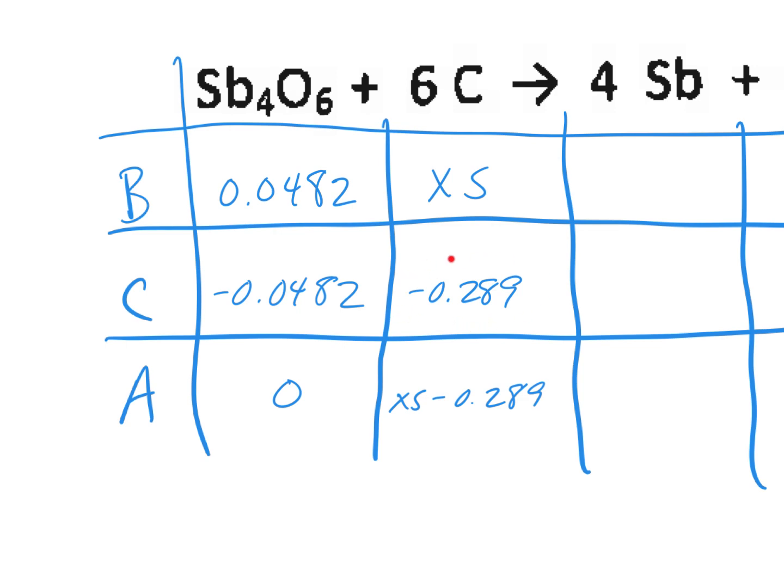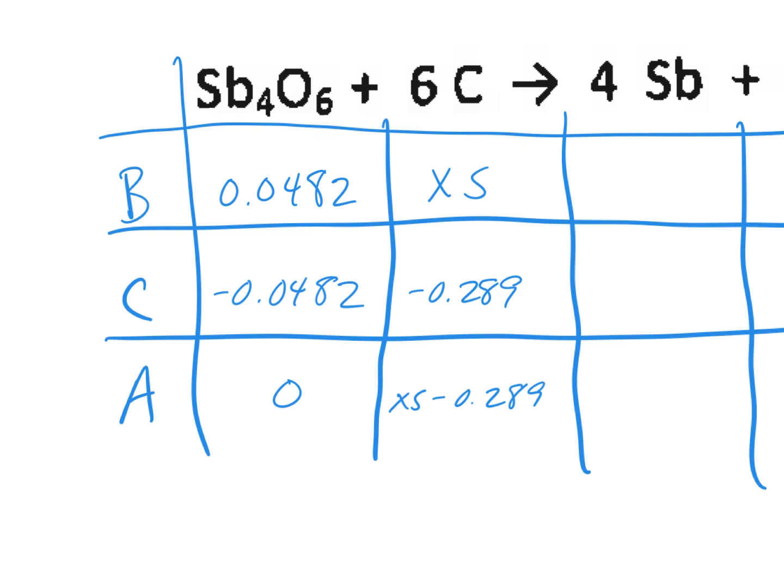We would use this much carbon, and in the end we would take 0.289 out of the excess. This was totally unnecessary. I just did it because stoichiometry is fun. And I'm kind of a nerd, so I admit it.